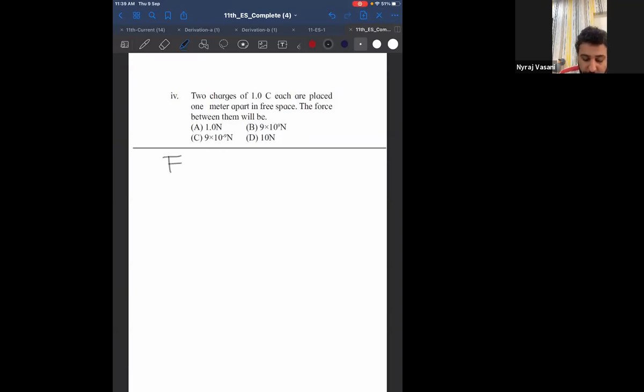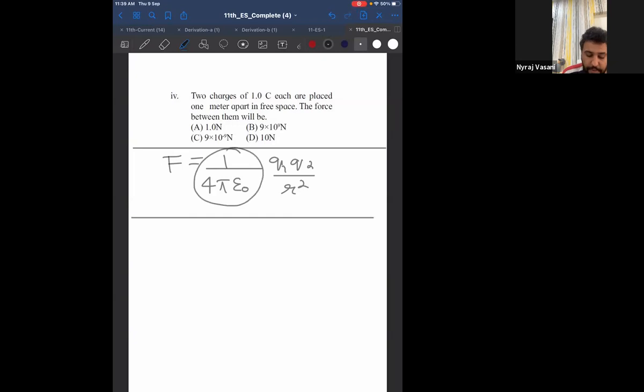Now I know the formula for electrostatic force is 1 by 4 pi epsilon naught Q1 into Q2 upon R square. Correct? Now, 1 by 4 pi epsilon naught is 9 into 10 raised to 9.